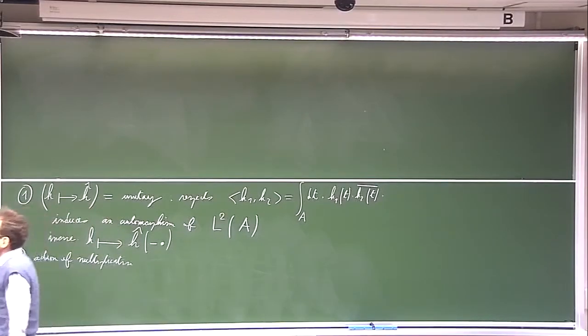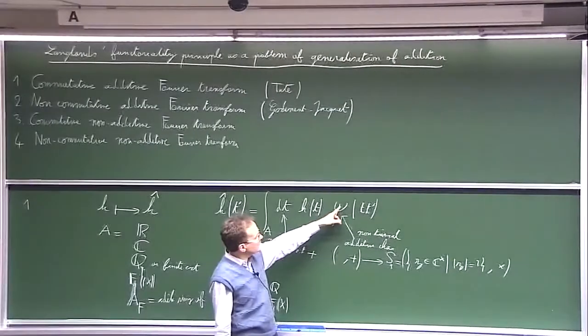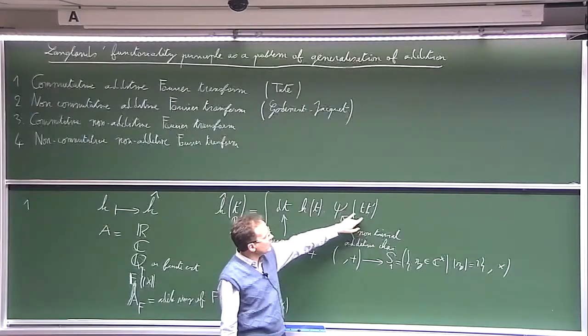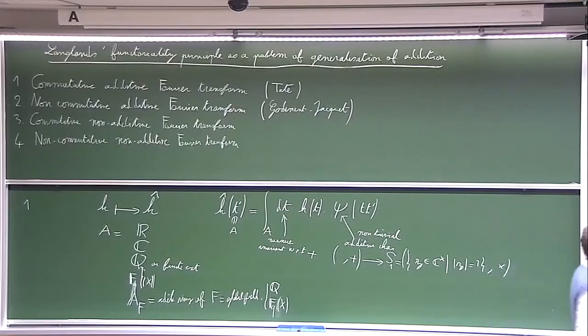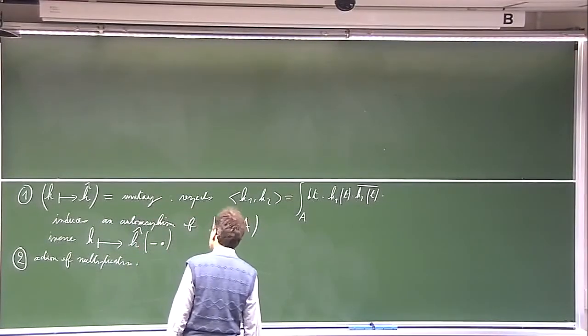You see that in the definition of the Fourier transform, multiplication appears here. You are considering the image by psi of the product t t prime. So the multiplication is there. And what does it mean, the action of multiplication?